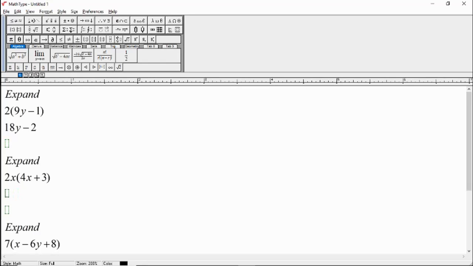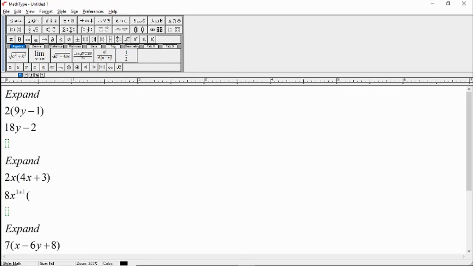Okay, so we expand this bracket here, 2x multiplied by 4x. So that is 8x, and because of the power of indices, x outside the bracket multiplied by x inside the bracket, to show you what's really going on, that's what's going on.